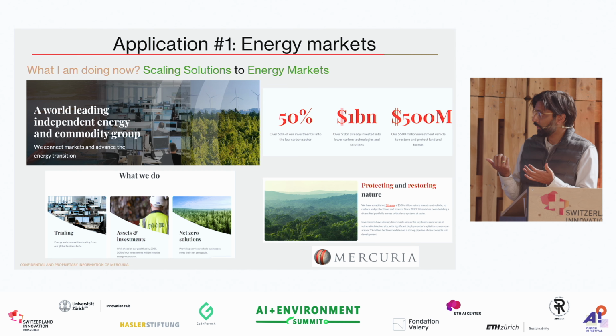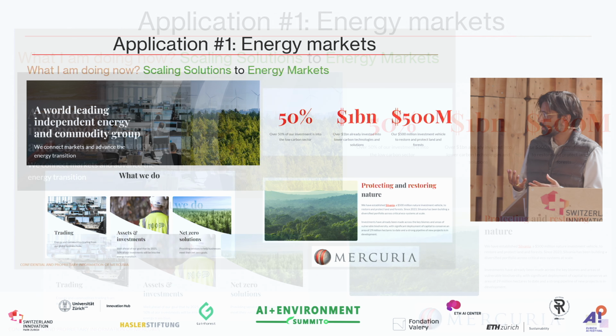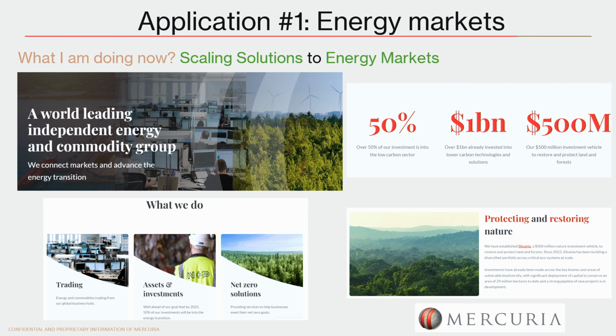So what I'm doing right now is scaling solutions to energy markets. And energy markets face similar sort of issues related to noise in the markets and biases, and the signal-to-noise ratio isn't as good, similar to biodiversity in many ways as well.